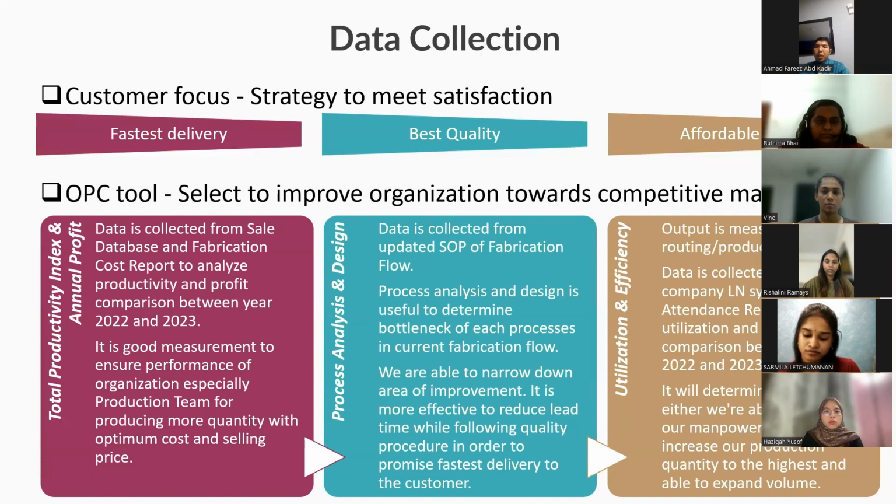The next one, process analysis and design: this data is collected from the updated SOP of fabrication flow. And the third one is utilization and efficiency. The output is measured by routing and productive hours, and data is collected from the company LN system, because we are using a system named LN. We also measure by the itinerary reports to analyze this activity. Next.